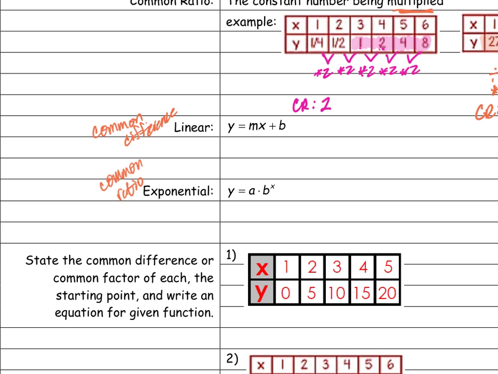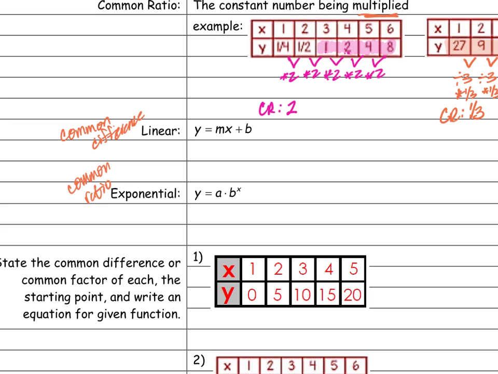Okay? So now I need to know what these, in terms of, my linear equation is going to be y equals mx plus b. So in terms of common difference and what I'm looking for, what are these terms? So my m is my common difference. Okay? So I find my common difference in my equation. Where the m is, I'm going to put what my common difference is. My b is my initial starting point, or initial value.